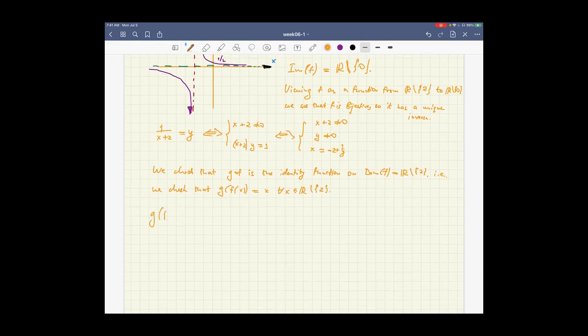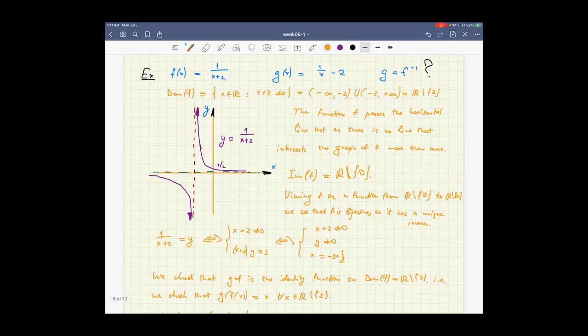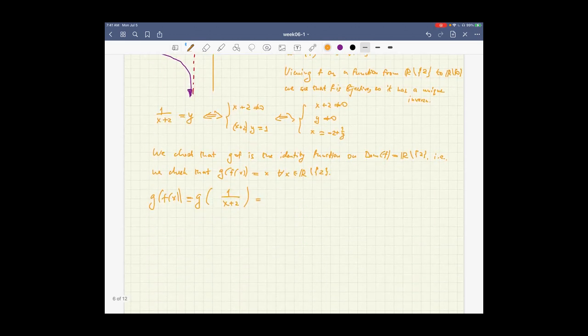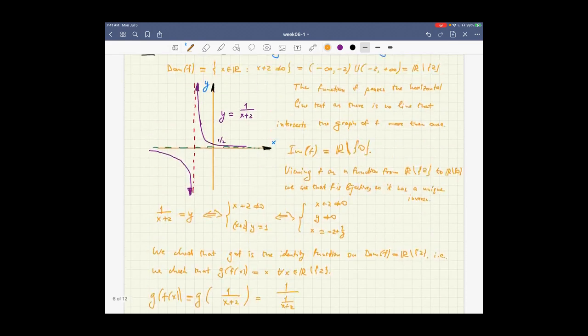So g of f of x in our situation is g of 1 over x plus 2. What does g do to its argument? It takes the reciprocal and then subtracts 2.